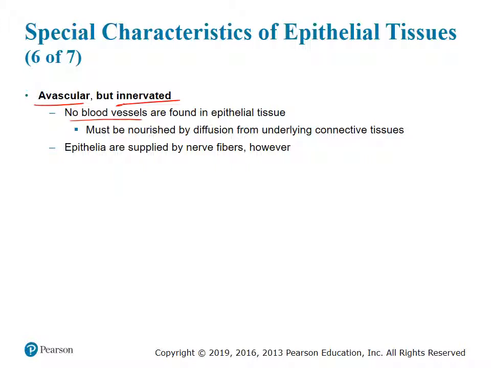It's telling you that epithelial tissue does not have blood vessels directly feeding oxygen and nutrients, or taking out waste from the epithelial tissue. They are nourished, getting oxygen because they still need it, getting nutrients because they still need them, and transporting waste out of themselves by way of the connective tissue that's underneath.